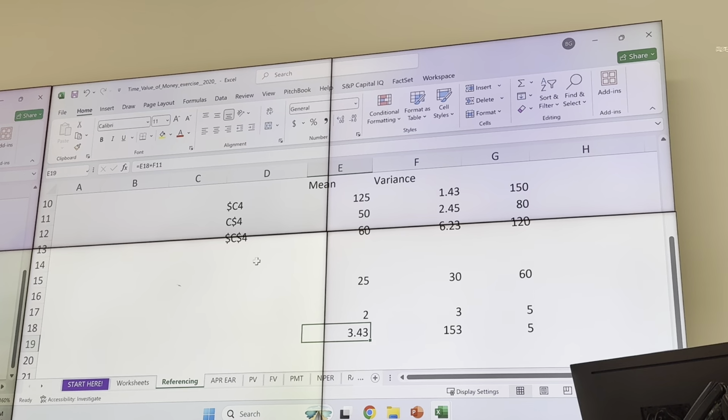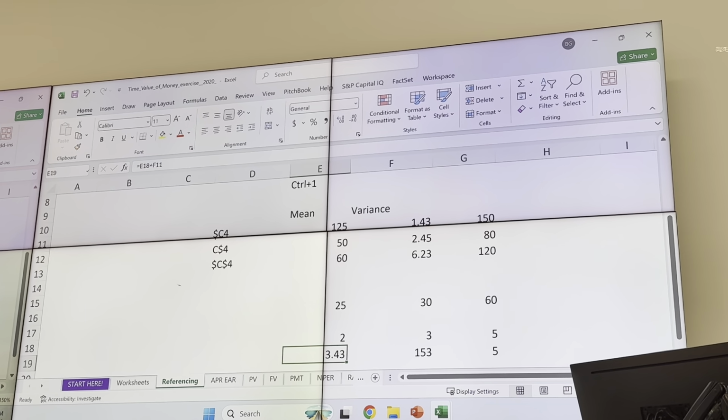You can do it at the very beginning. So when I add it, let's fix it from the very beginning, equals to this E18, right? And I'm adding to F11, right?